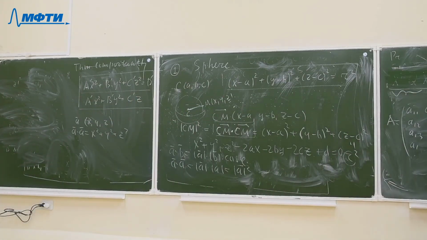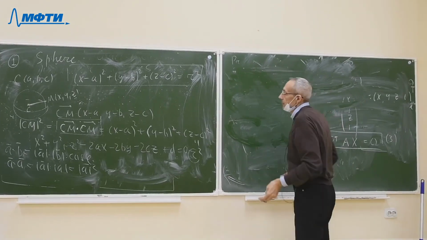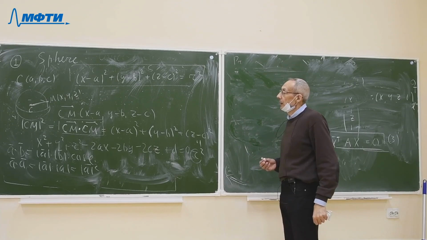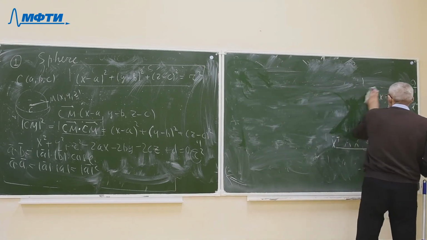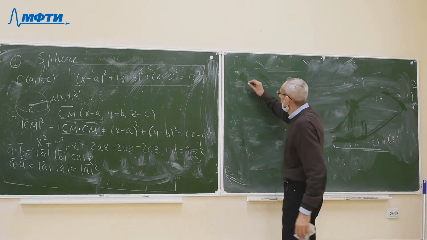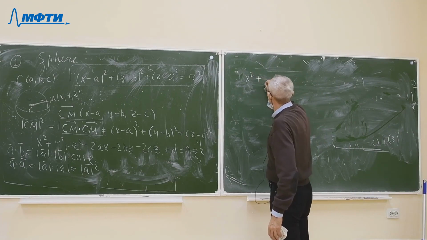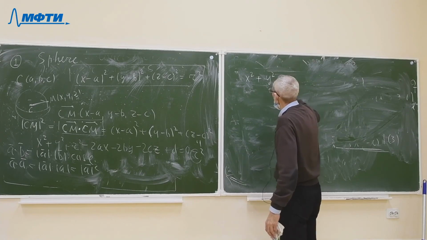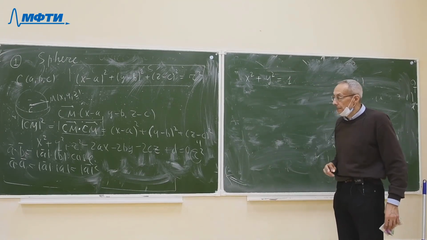Some words about the equations of conics. For example, we have the equation x squared plus y squared equals 1, the equation of a circle in the plane.